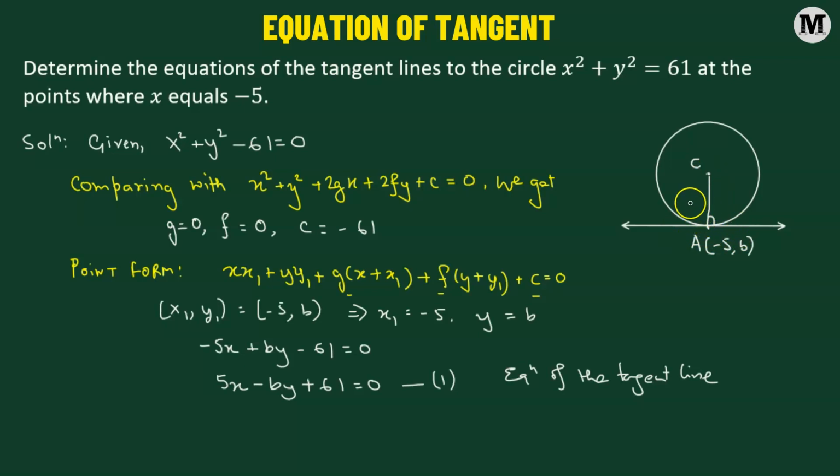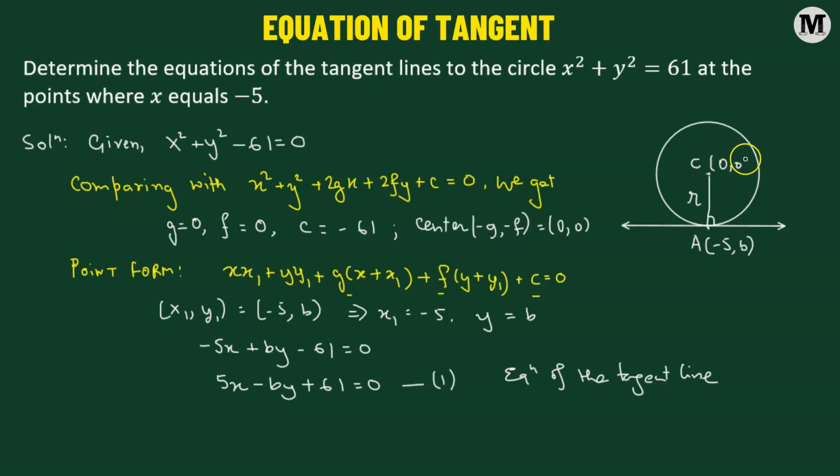And so here, CA is nothing but the radius of the circle. Now, we will need one more piece of information, that is the coordinates of the center of the circle. Using the values of g, f and c, we can immediately find out the center as well as the radius of the circle. So let's do that. Here, the center is going to be defined by -g comma -f. Clearly, g and f are 0, so that means our circle is centered at the origin.